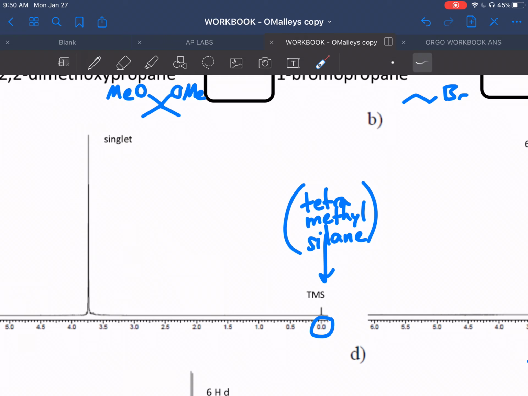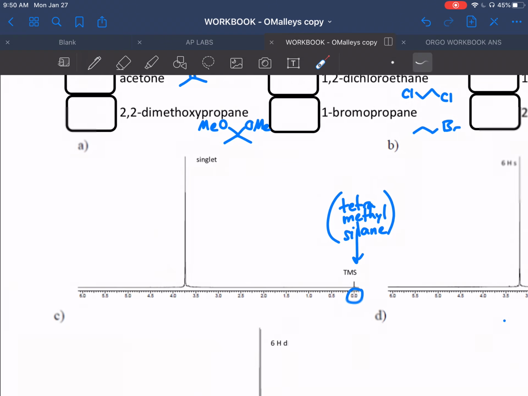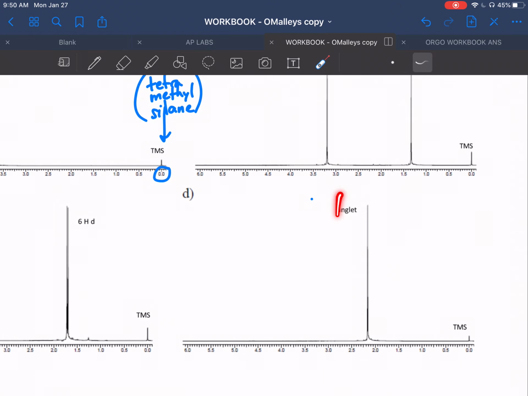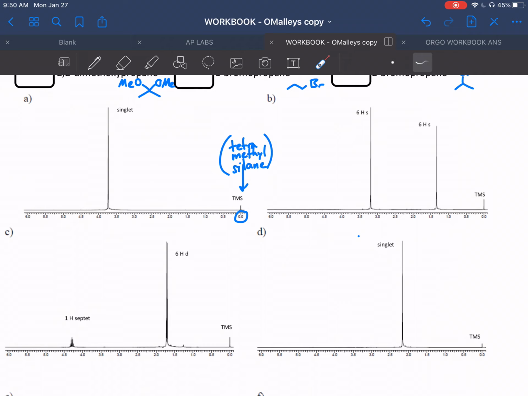So the other thing that helps me is the location. And since we're talking about something with only one signal, I notice that in spectrum D, I also have only one signal. It's the location that's going to tell me which type of hydrogen it is and which molecule it is. Spectrum A has a singlet in the 3s, whereas spectrum D is down in the 2s.